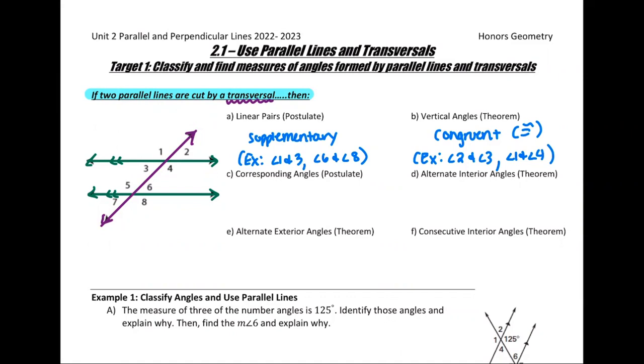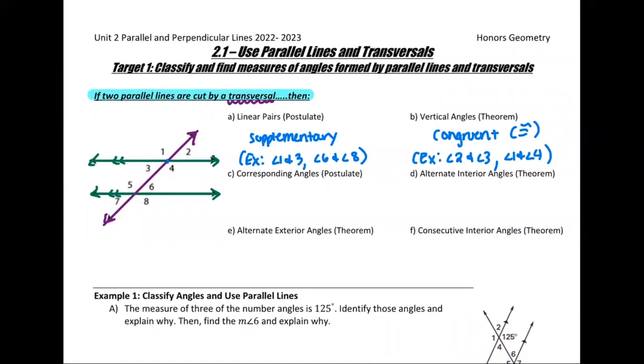Corresponding angles are angles that are in the same location from intersection to intersection. For example, angle 4 and angle 8 are an example of corresponding angles. But if the lines are parallel to each other, these are also congruent.